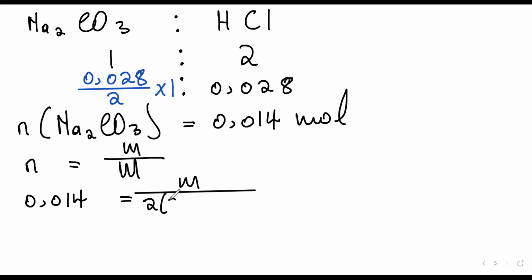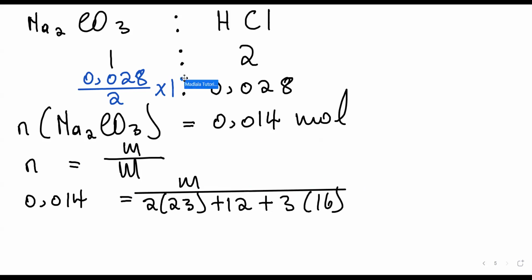So we have 2 times the molar mass of sodium, 1 molar mass of 1 atom of carbon, and 3 for oxygenium. That's the Latin name for oxygen. And then we cross multiply here.